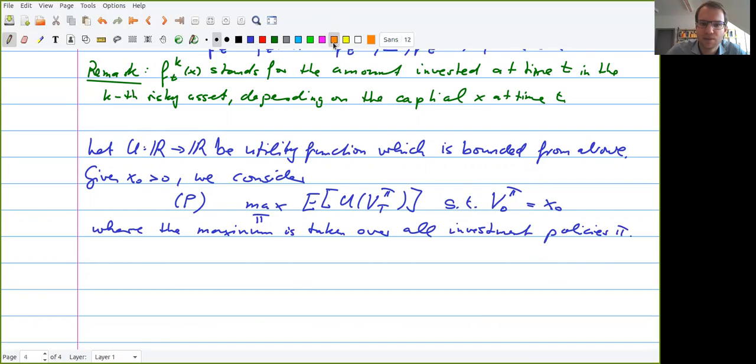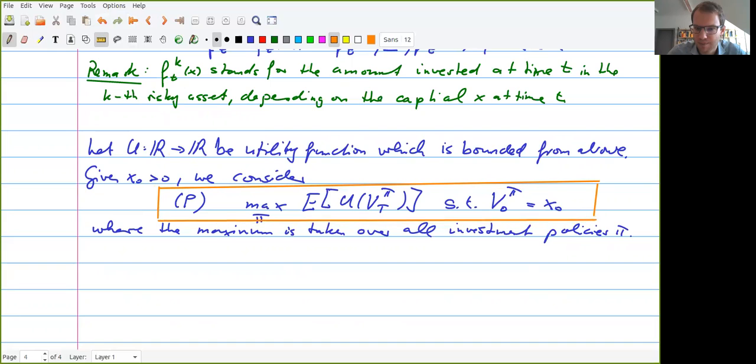So this is now the portfolio optimization problem I want to consider.